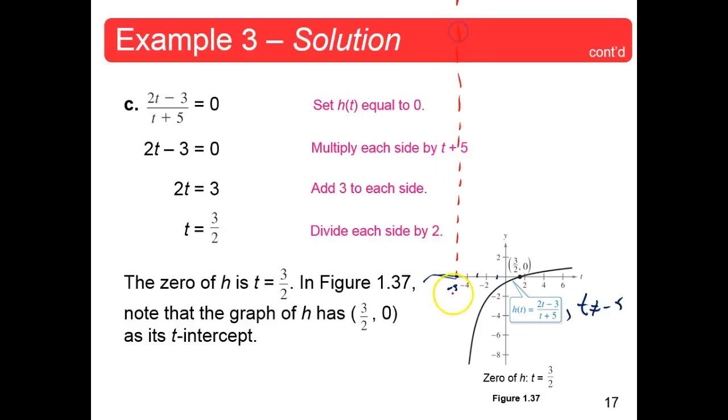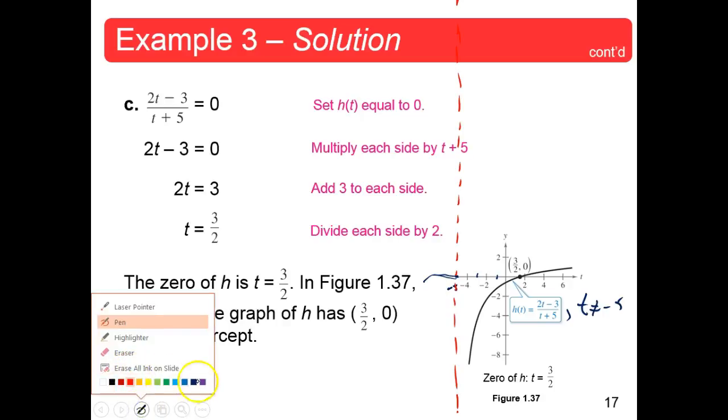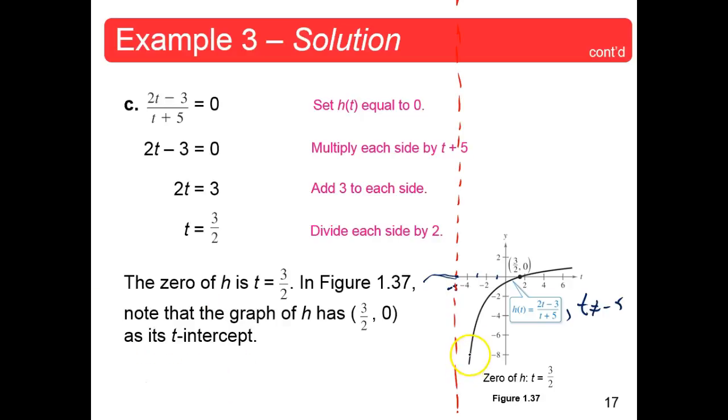Well, guess what? It can't be negative 5. So therefore, that line is forbidden. You cannot cross it. And that's why this function appears to be heading downhill fast. But it never crosses that line. How would you describe that line? Yes, it's a vertical line, and we call it a vertical asymptote, meaning it doesn't touch it. Can't touch it, can't cross it.